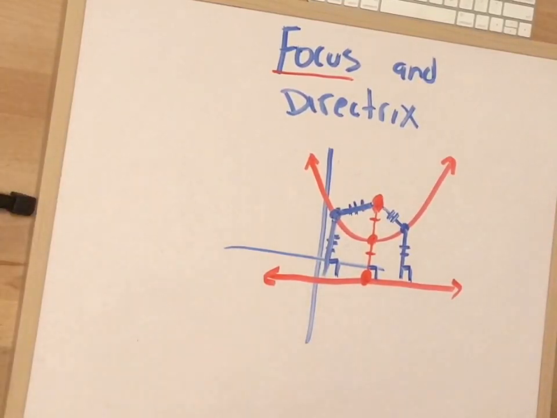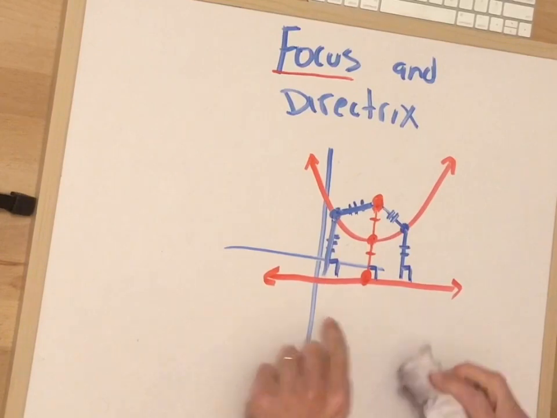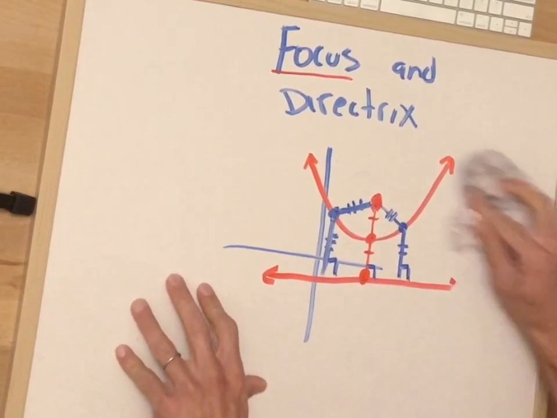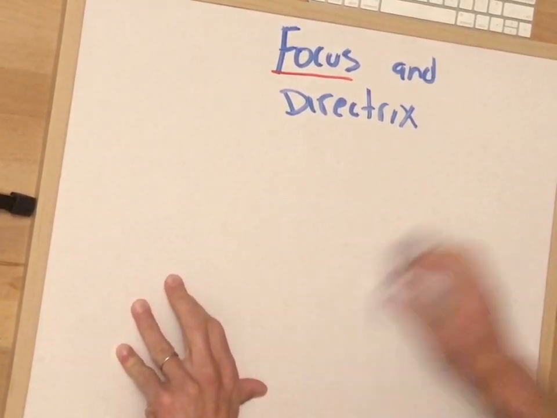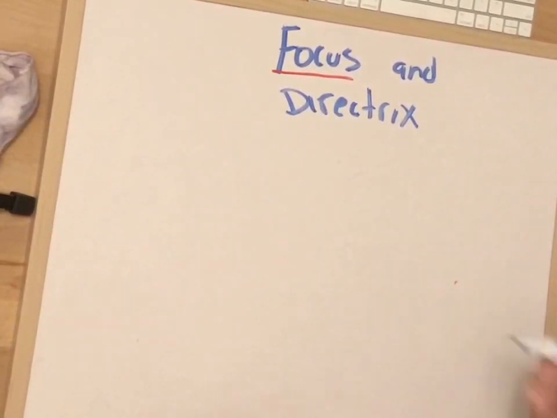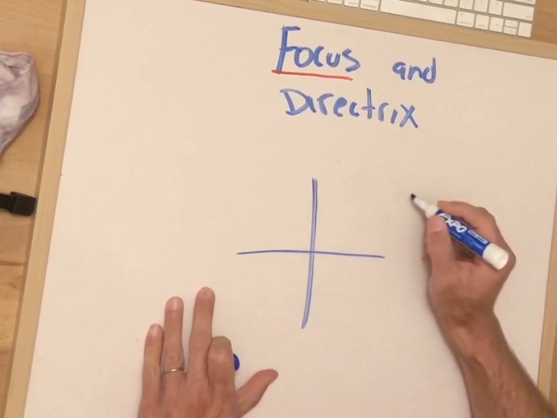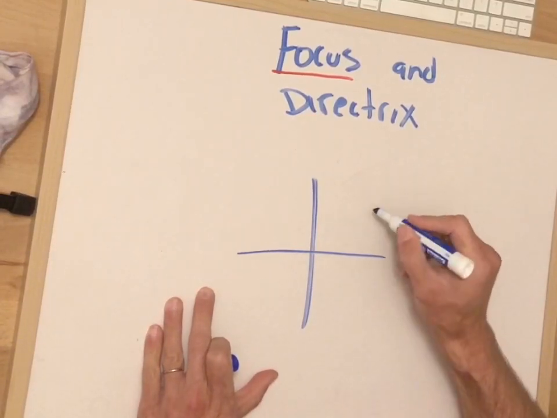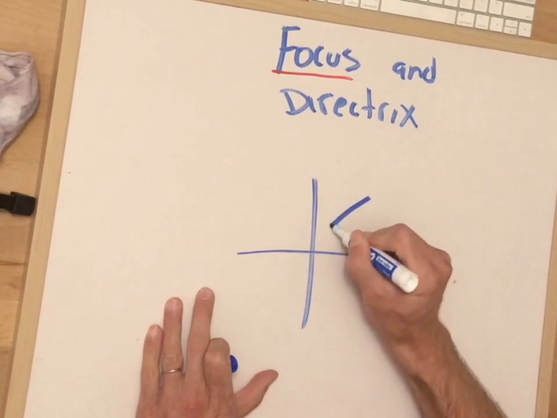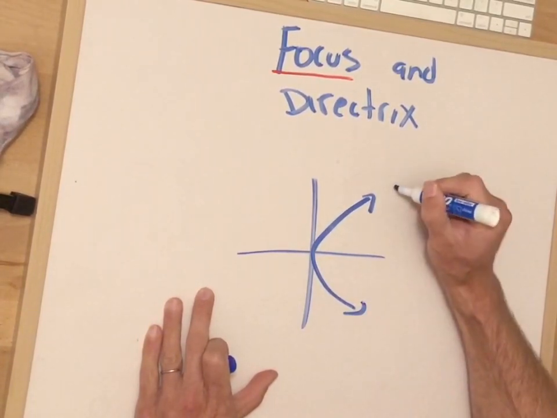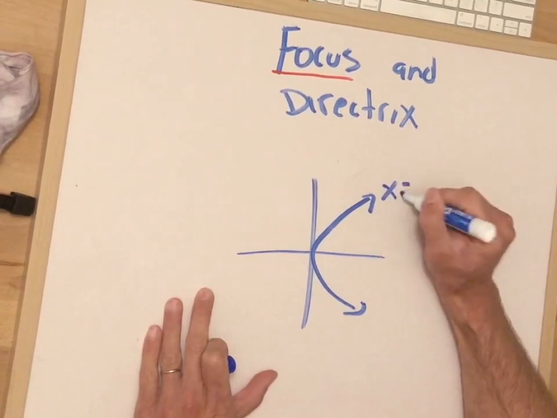The weird thing is finding the equation of the focus, because technically, it doesn't matter if we have a quadratic. Let's take a quadratic that looks like this. Let's just say this is x equals y squared.